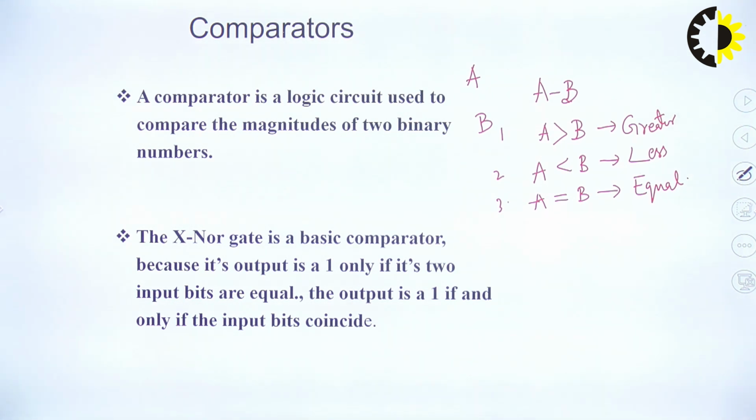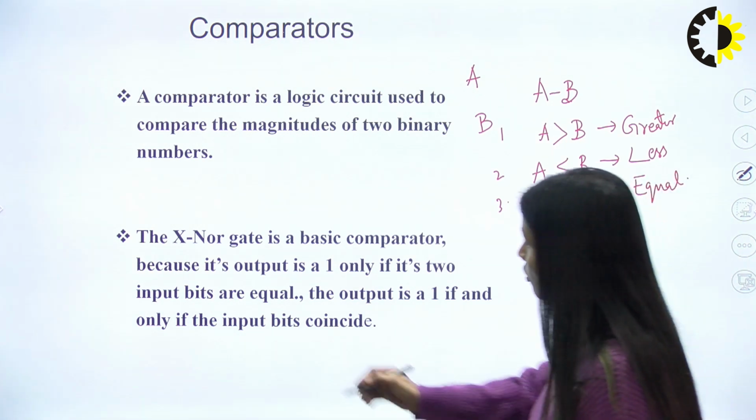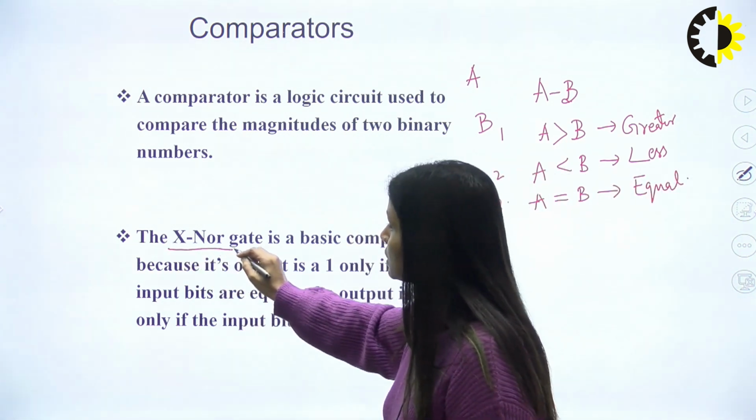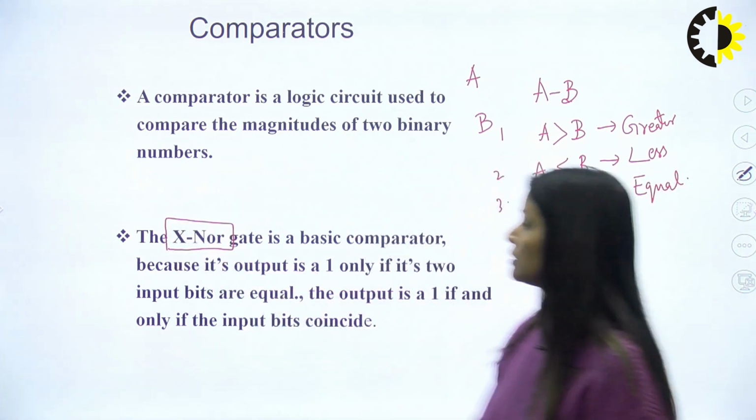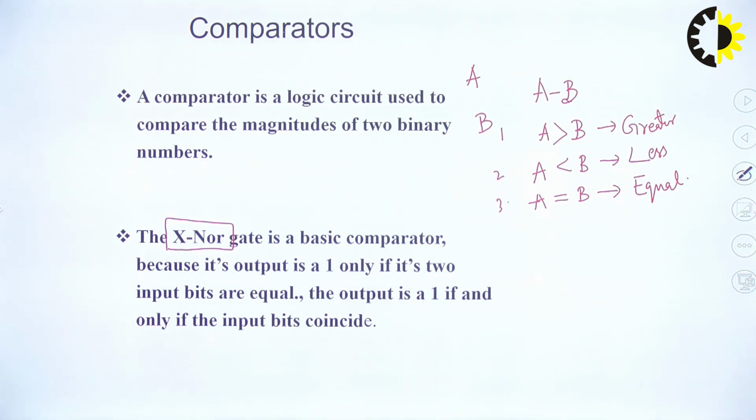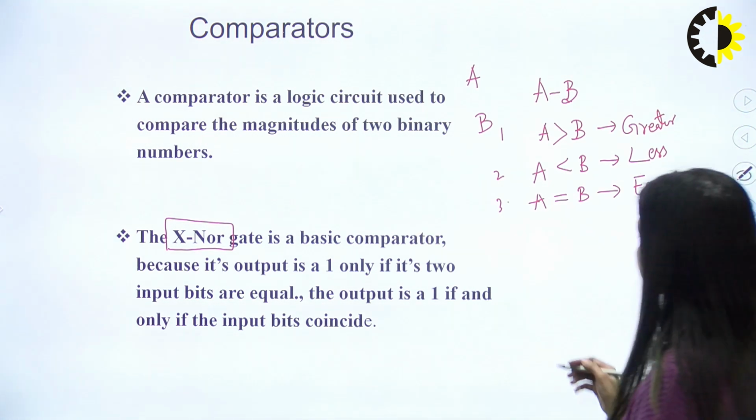Now, which gate will we prefer for designing this logic? For making a basic comparator circuit, the XNOR logic is taken. Why are we going to select this XNOR?